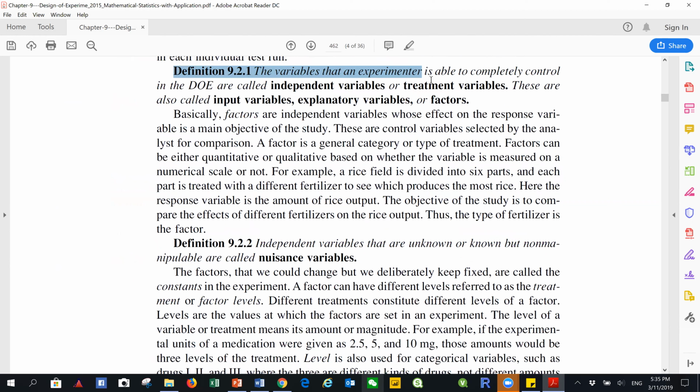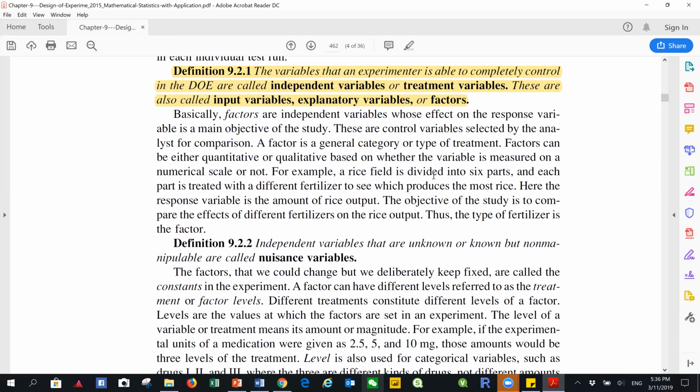Here it says the variables that an experimenter is able to completely control in the DOE are called independent variables or treatment variables. These are also called the input variables, explanatory variables, or factors. In regression analysis, we call them independent variables, but here we call them treatment variables.